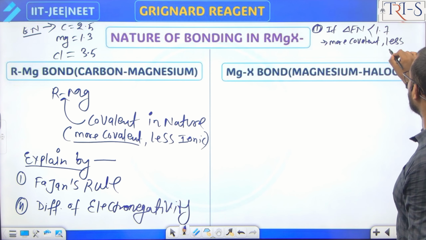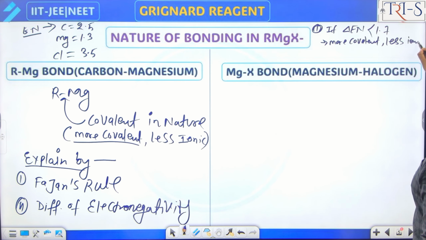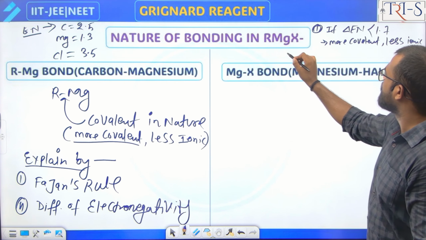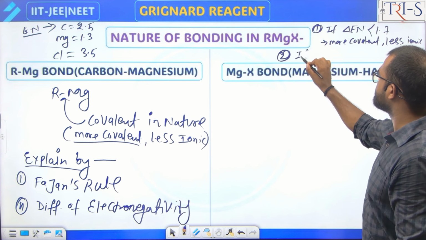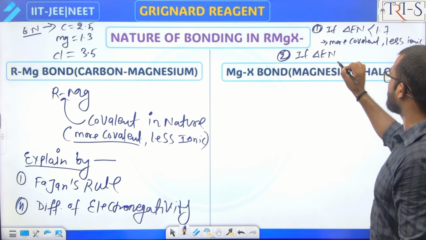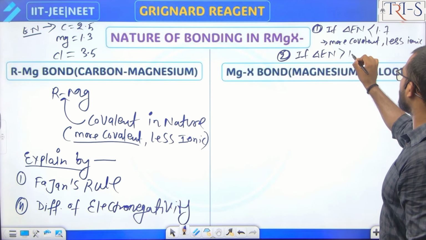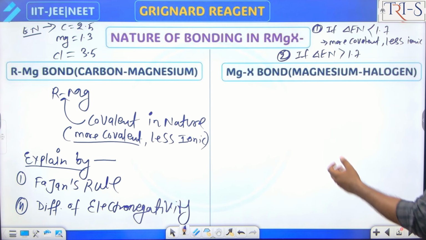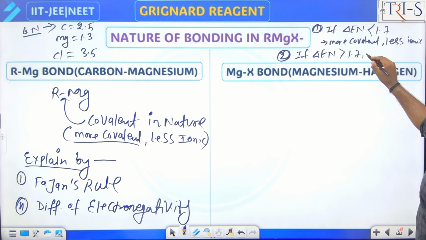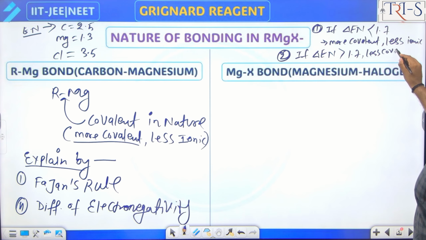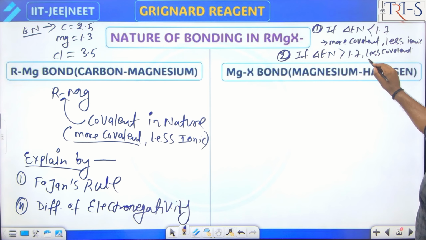It will be more covalent and less ionic. And if the difference of electronegativity is more than 1.7, the process reverses, which indicates less covalent and more ionic in nature.